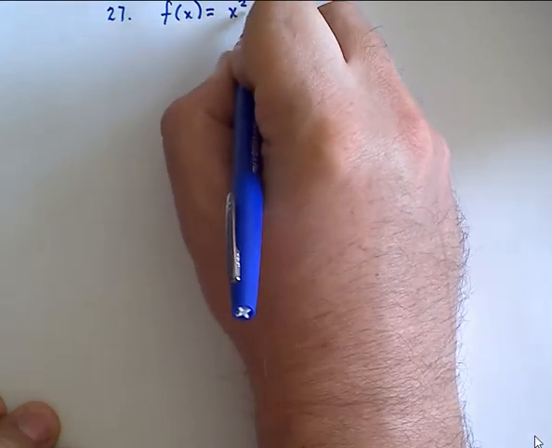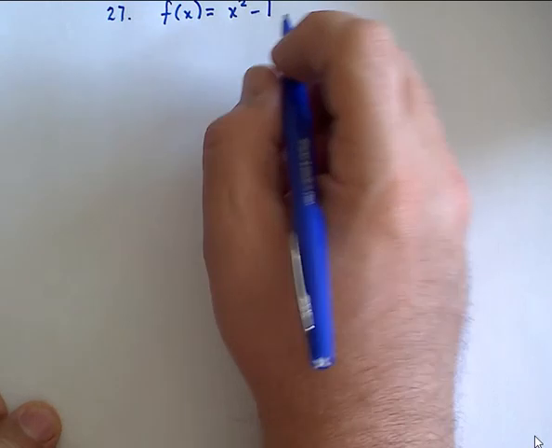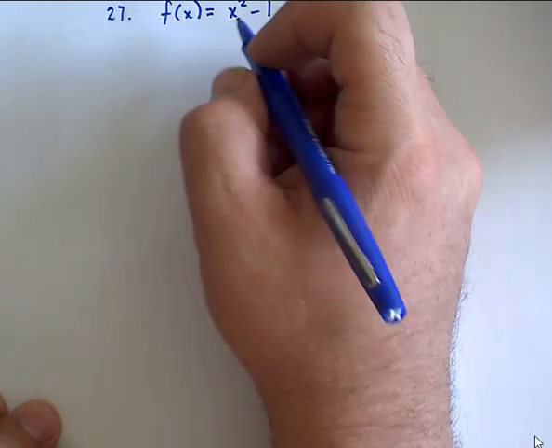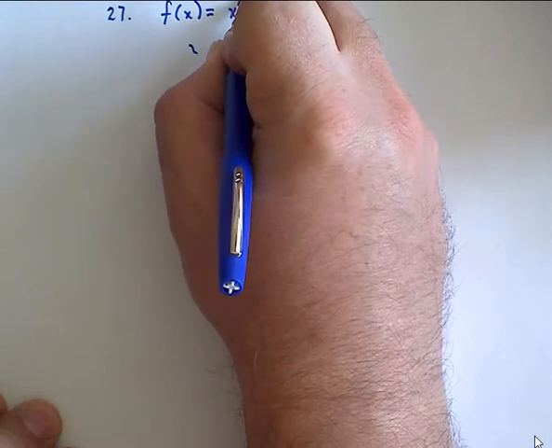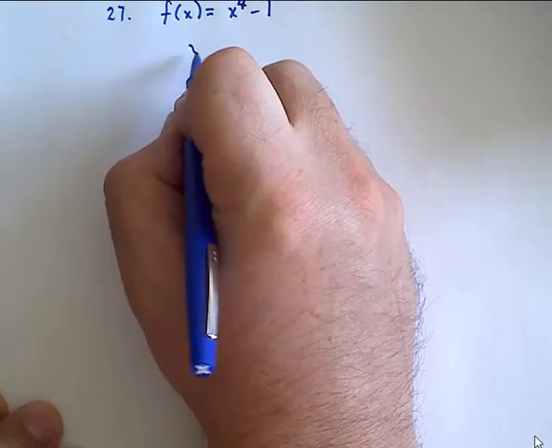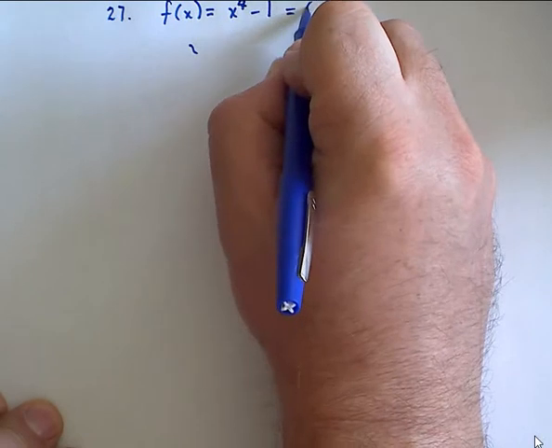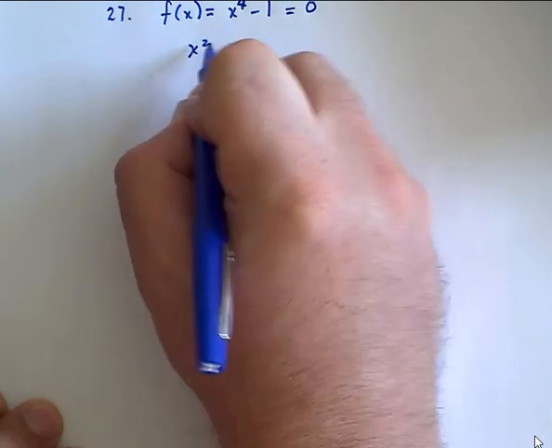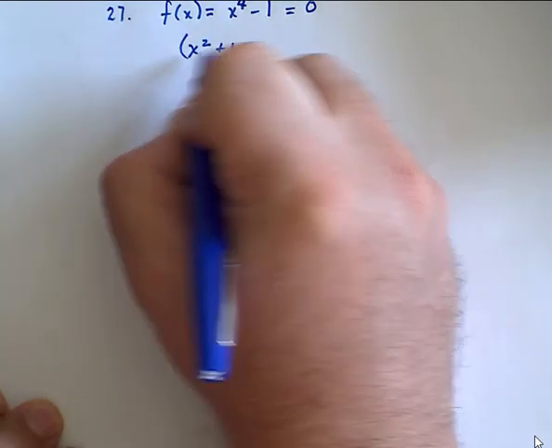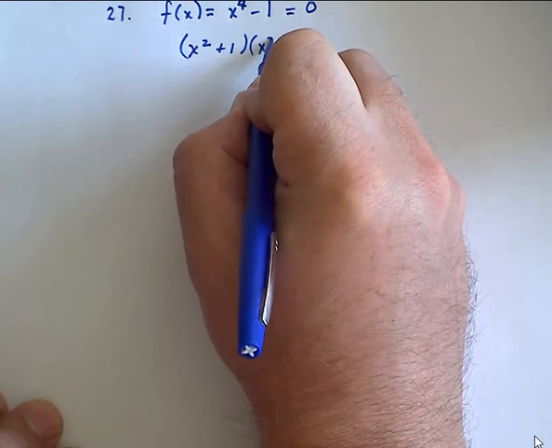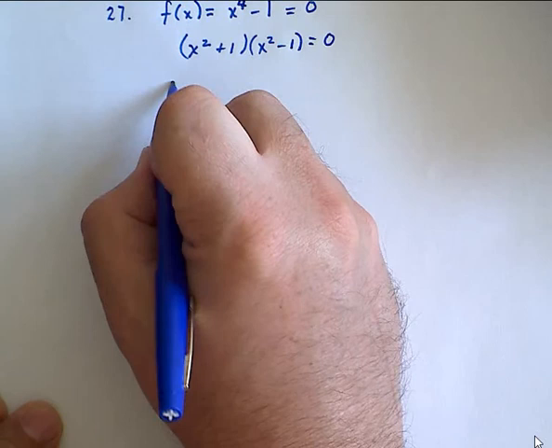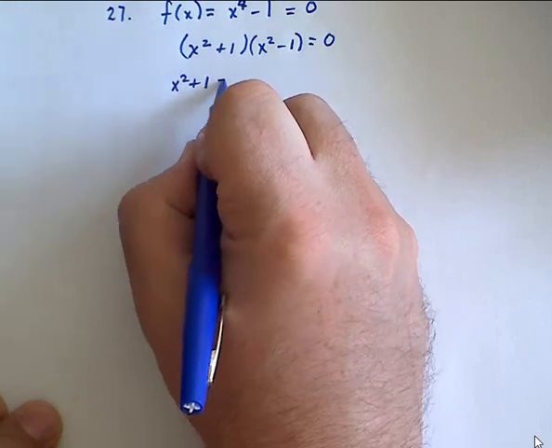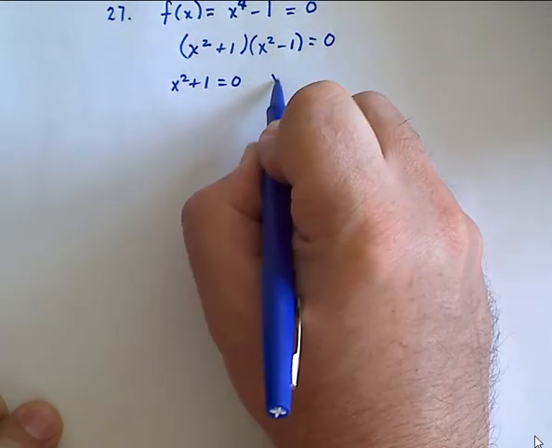So I'm literally going to take this f of x and change it to a 0. Excuse me, this is x to the 4th. It's still perfect squares, so when I set it equal to 0, this becomes x squared plus 1 and x squared minus 1. Now, that means that x squared plus 1 equals 0 and x squared minus 1 equals 0.